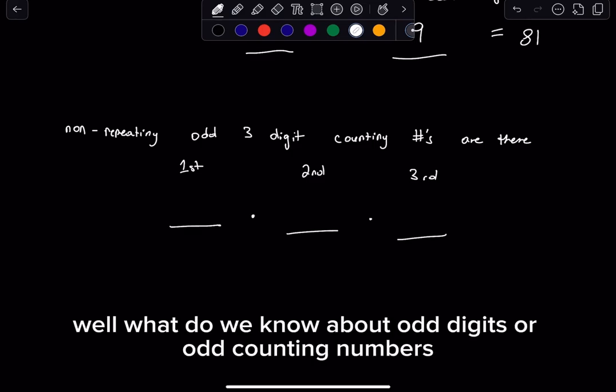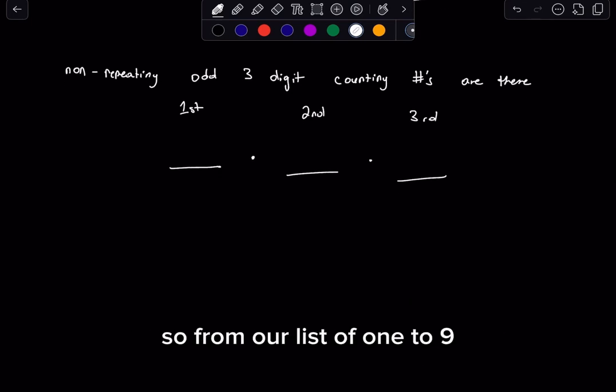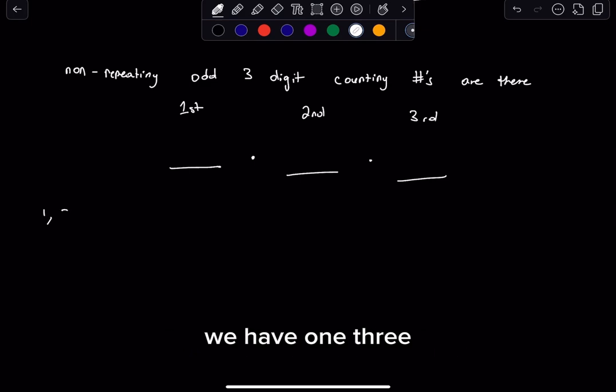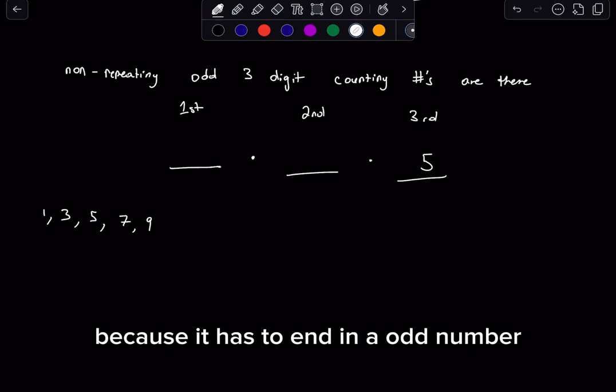Well, what do we know about odd counting numbers? They have to end in an odd number. So from our list of 1 to 9, we have 1, 3, 5, 7, and 9. So we're going to have 5 choices for our third digit because it has to end in an odd number.